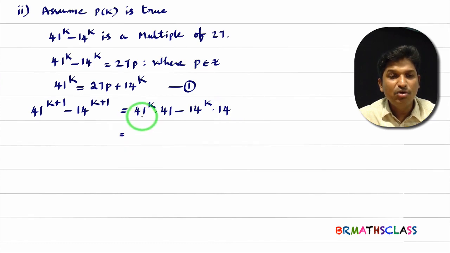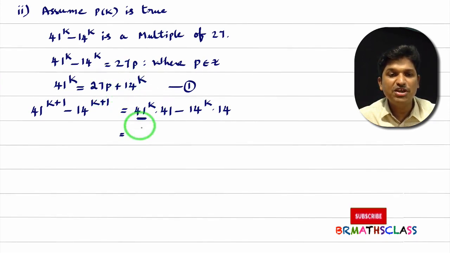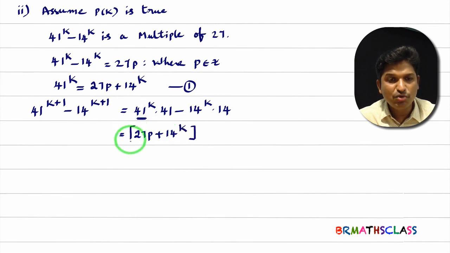Now, 41 power k is there. In place of 41 power k, I'll write this expression 27p plus 14 power k. So, 27p plus 14 power k into 41, minus 14 power k into 14.